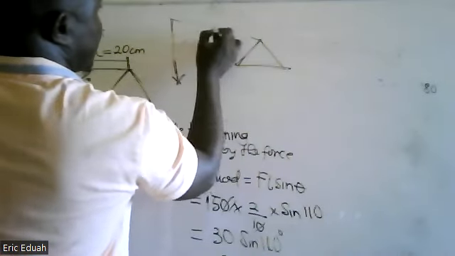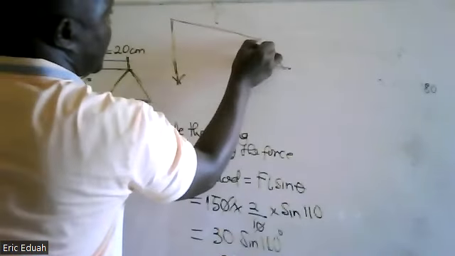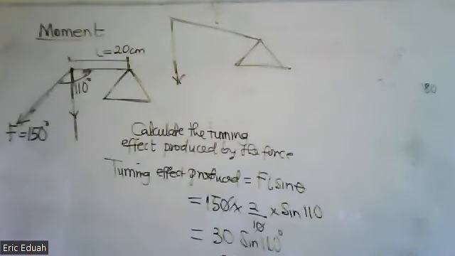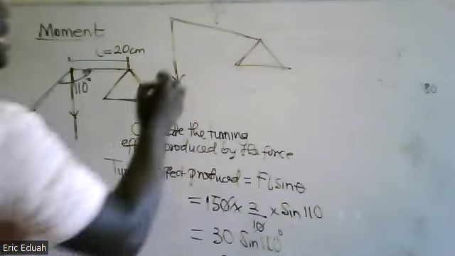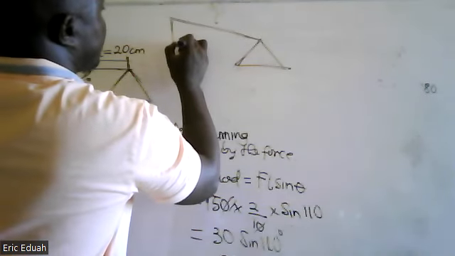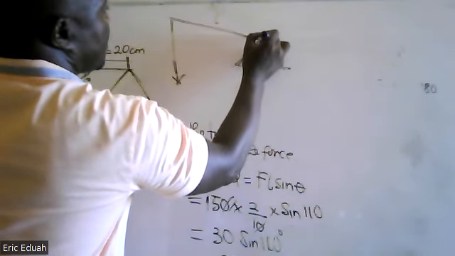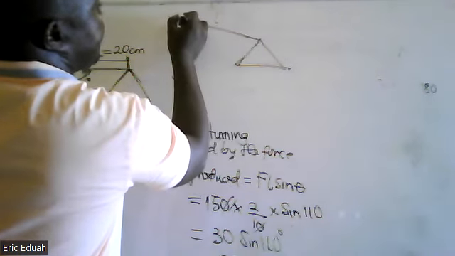Here, this is the length of the rod, but the rod is at an angle theta to the pivot.